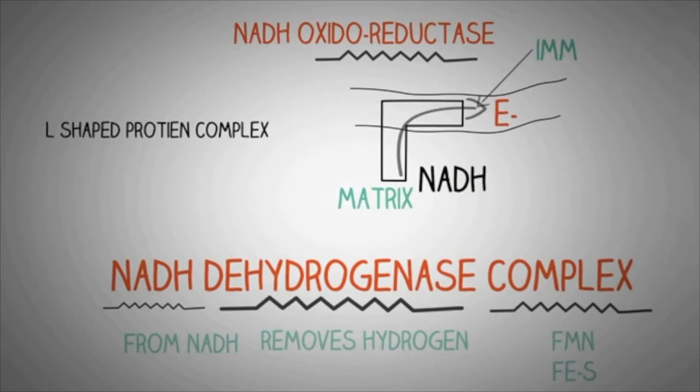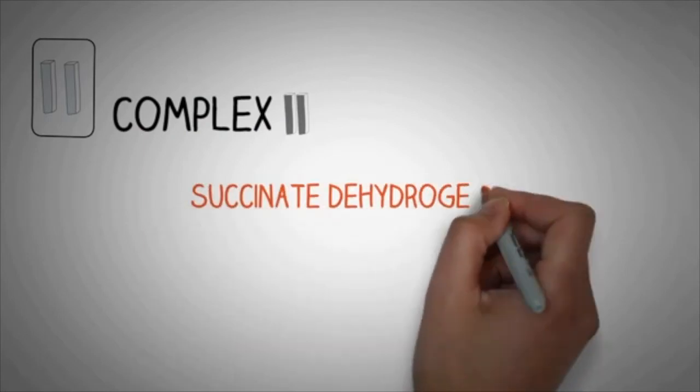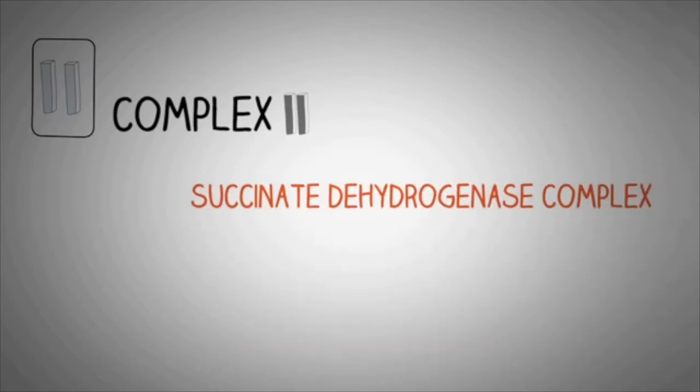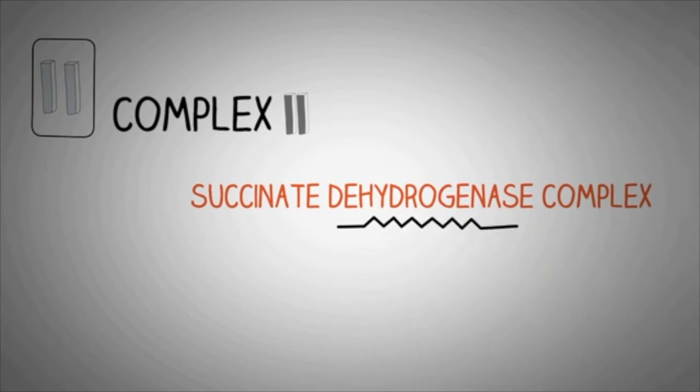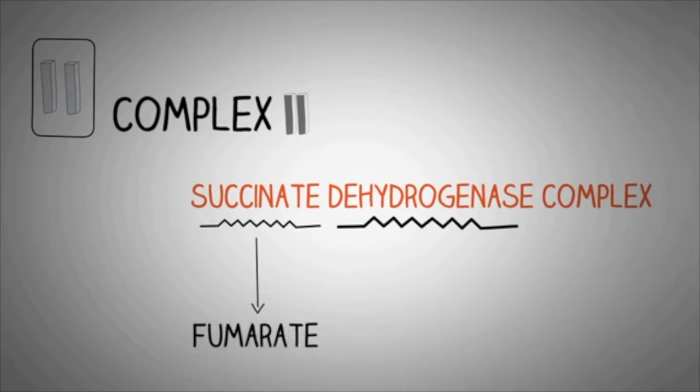Now coming to complex 2 of the electron transport chain. Complex 2 is called succinate dehydrogenase complex. It is called a dehydrogenase because it removes hydrogen from compounds. In this case, it will remove hydrogen from succinate and oxidize it to fumarate, which is a step of the Krebs cycle.